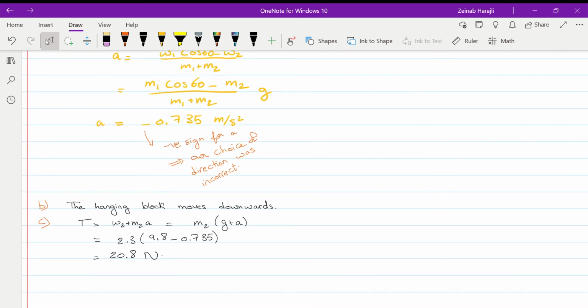You can notice that the tension is 20.8, while the weight W2, if you calculate it here, will be around 22.5, which makes sense. So the tension is 20.8, which is less than the weight, which is 22.5 newtons, which means that the box moves in the direction of W, right?